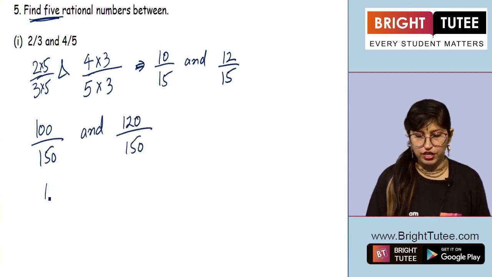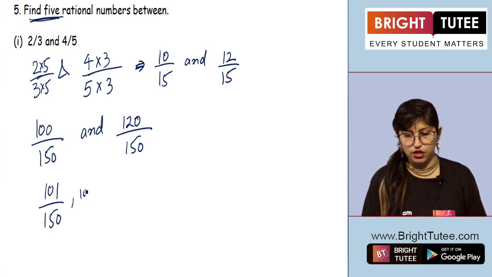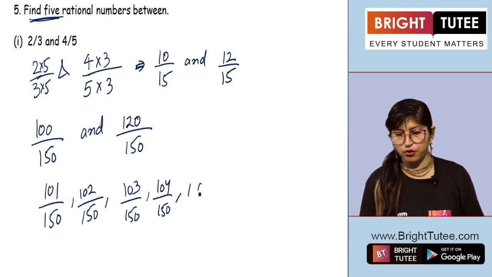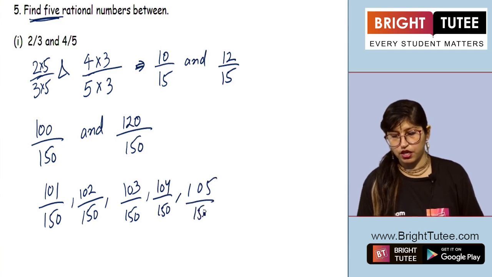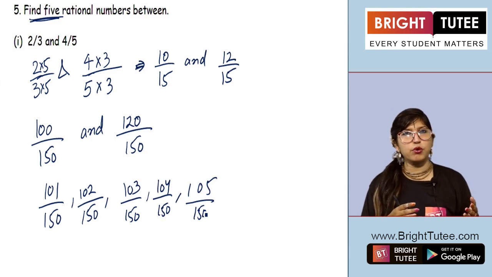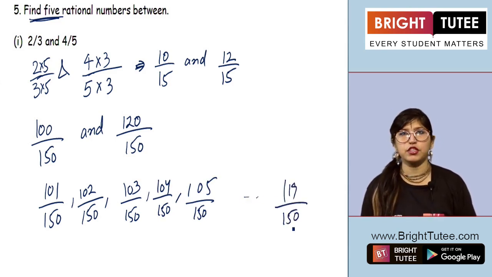So now the rational numbers between them will be 101 upon 150, 102 upon 150, 103 upon 150, 104 upon 150, 105 upon 150. It's not necessary that you write only these 5; from 101 till 119 upon 150, you can write any 5 rational numbers.